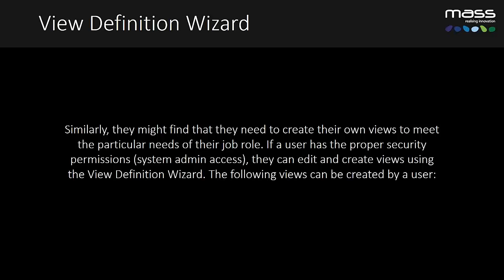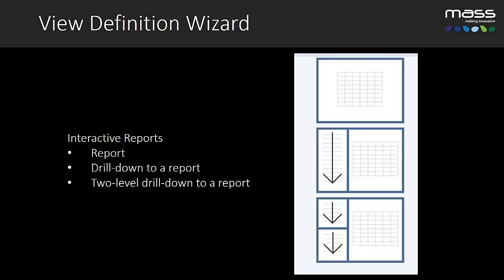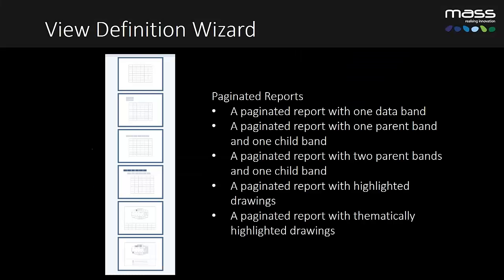So the following views can be created by a user. The first being interactive reports, which leads into a standard report, a drill down to a report, and a two-level drill down to a report. Next is paginated reports.